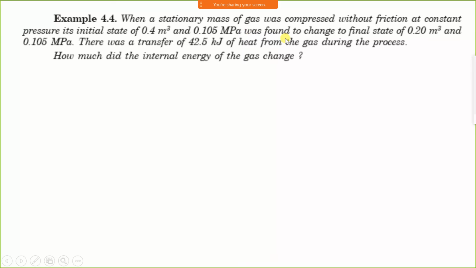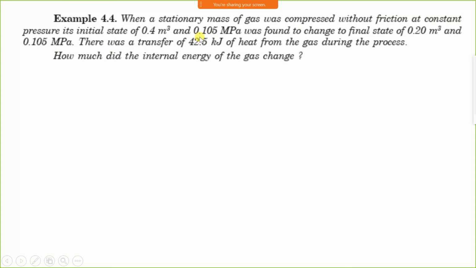It was found to change to a final state after compression. The volume changes to 0.2 meter cube and the pressure remains 0.105 megapascal. Initially pressure was 0.105 megapascal and finally pressure is also 0.105 megapascal.